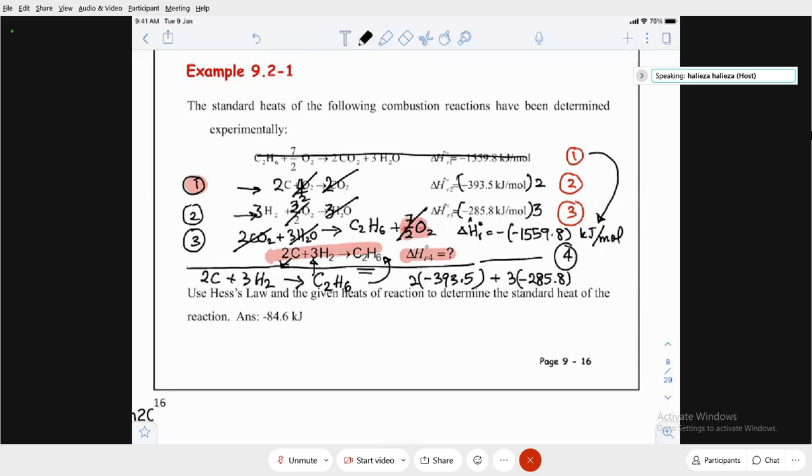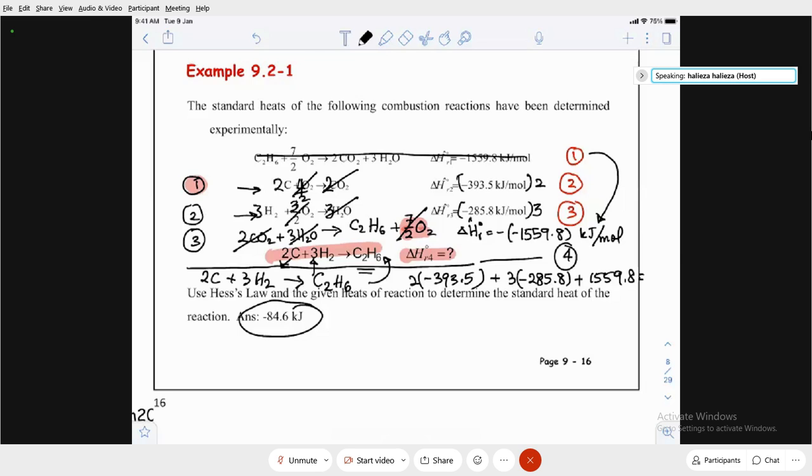And minus, actually plus or minus doesn't matter because minus times by minus becomes plus 1559.8. So finally, after you have done the mathematical calculation, what will you get, the same value as this? Is it minus 84.6?